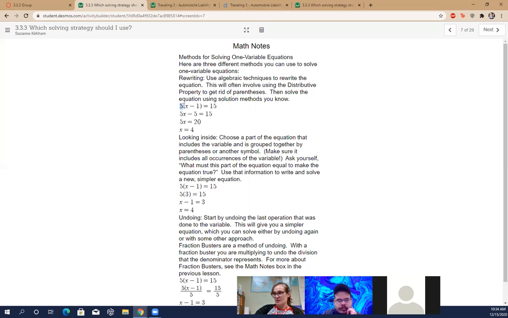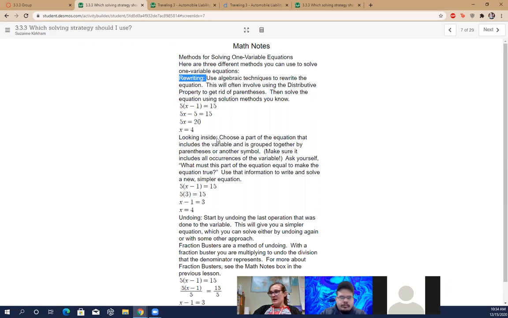You take the 5 outside the parentheses and distribute it to the things inside. So 5 times x is 5x, and 5 times -1 is -5, and that's equal to 20. Then we add 5 to both sides, and then we divide by 5. So that is rewriting. Rewriting is where you use algebra to get rid of parentheses.